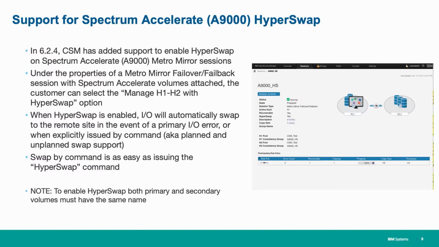And we will establish the relationships on the hardware in HyperSwap mode. For those that aren't aware what HyperSwap does, any primary I/O error that occurs to your device will automatically cause the I/O to swap to the secondary device without any user intervention. So this gives you high availability in the event that you have a problem with your primary storage system or communication with the primary storage system.